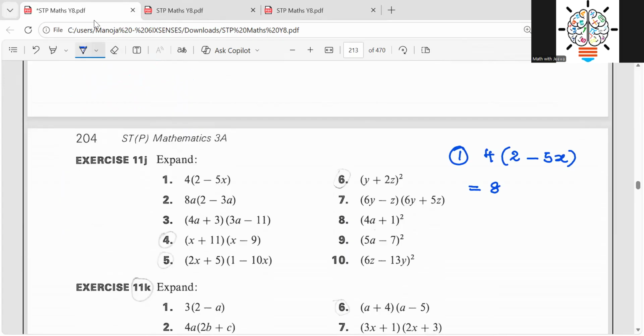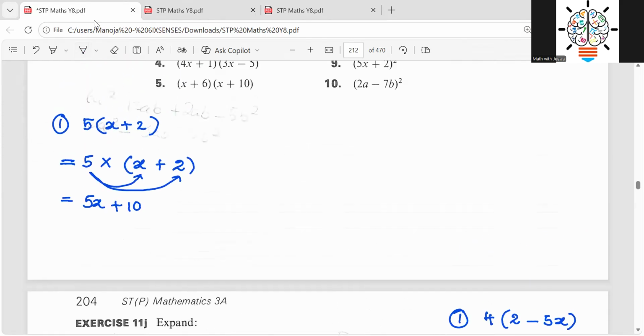But see what sign you have. 4 times negative 5x, negative 20x. Please be mindful to look at the sign you have. 4 times 5 is 20, that we know. 4 times negative 5 is negative 20. 4 times negative 5x is negative 20x.